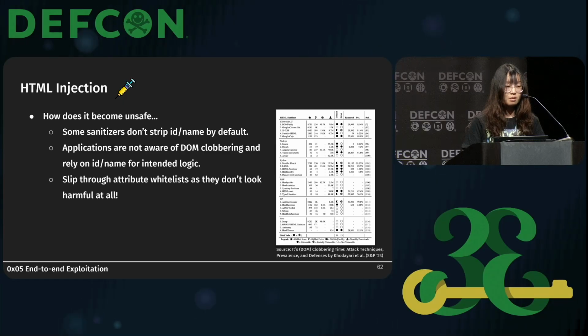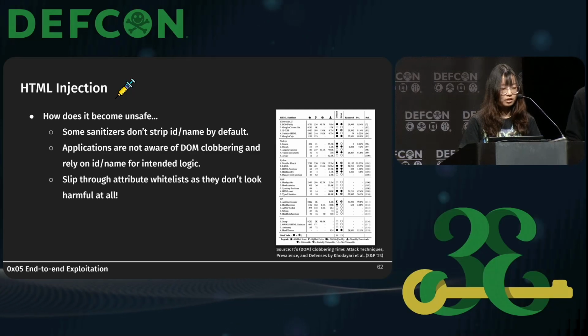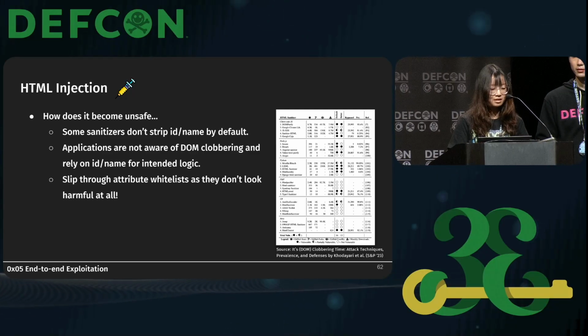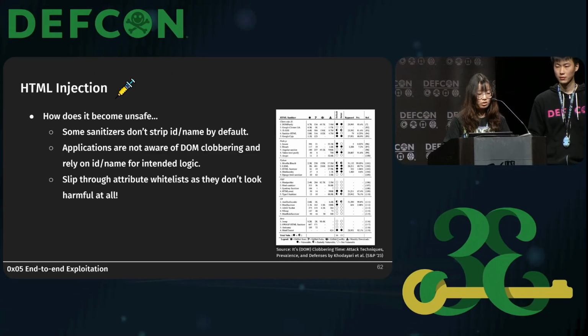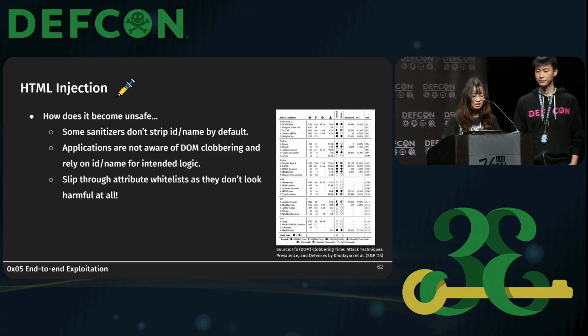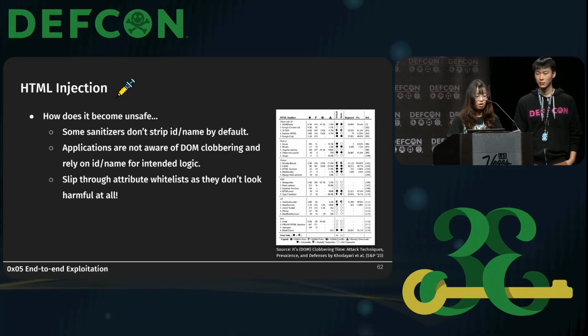First, some sanitizers from these websites do not strip the ID or name attribute by default. And the web applications are not aware of this DOM clobbering vulnerability, and they rely on those ID or name attributes for intended logic. Due to these reasons, the ID or name attributes sometimes slip through the whitelists as they don't seem harmful at all.